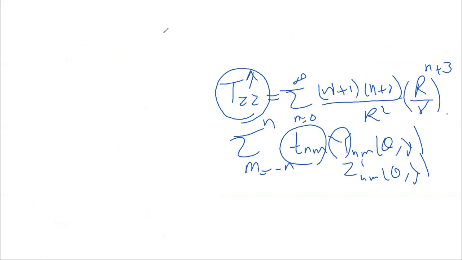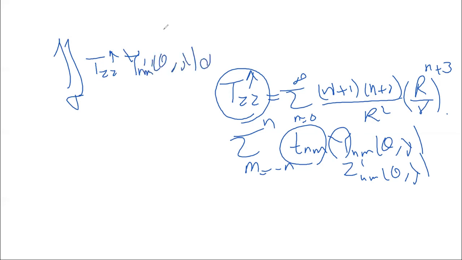So if I multiply TZZ, I put it inside an integral like this. I take the integral, global integral from TZZ up, and well, I will say Y and M, theta and lambda, sigma from the left, and I take the same on the right hand side.